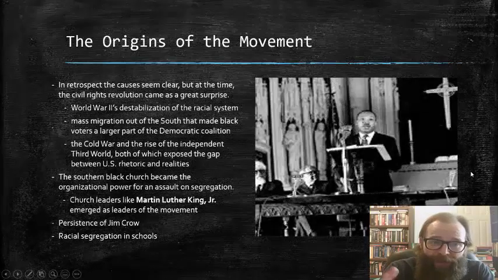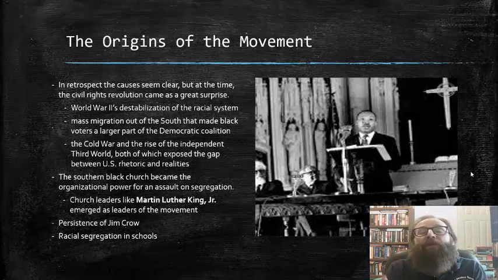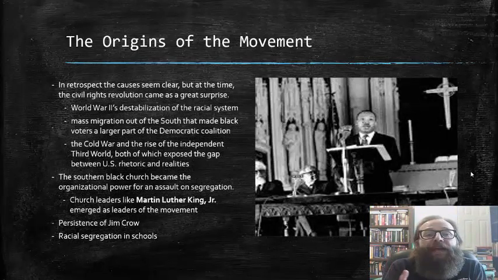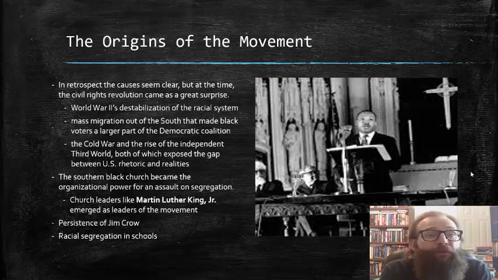Now, with the benefit of hindsight, the causes of the upsurge in civil rights activity in this period seem clear, but at the time, the civil rights revolution came as a great surprise to many Americans.